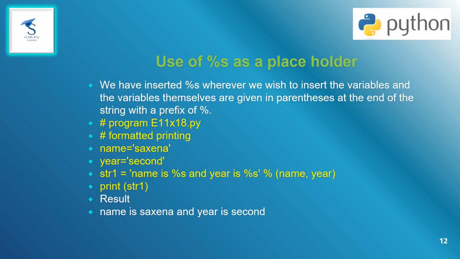Then we write print str1. So it prints name is Saxena and here is second. This is a convenient mechanism where you can have placeholders for the variables. We have inserted percentage wherever we wish to insert the variables, and the variables themselves are given in parentheses at the end of the string with the prefix of percentage.